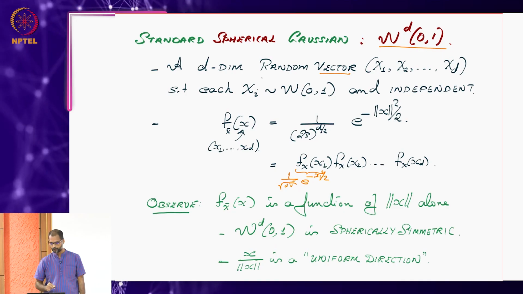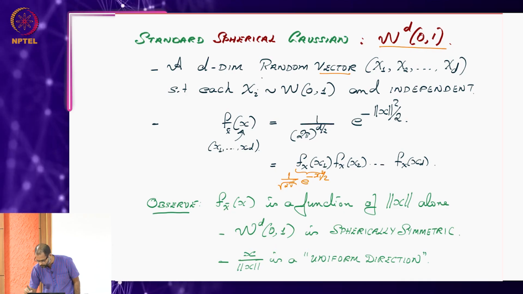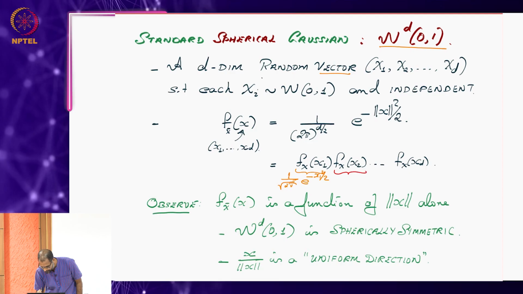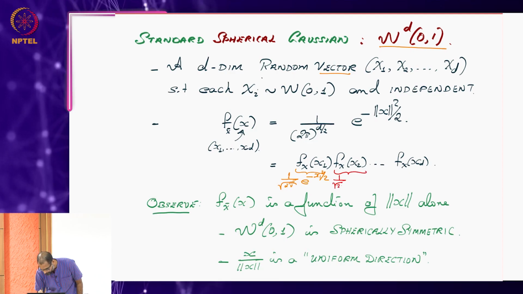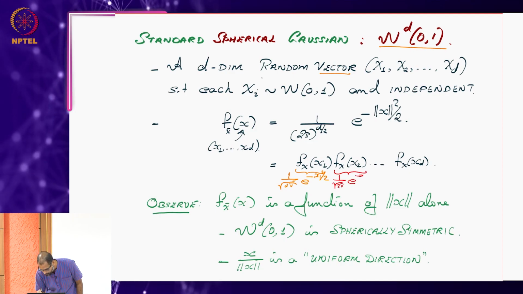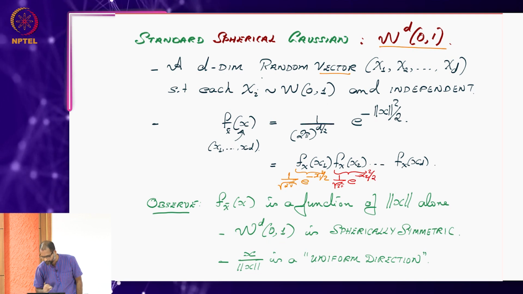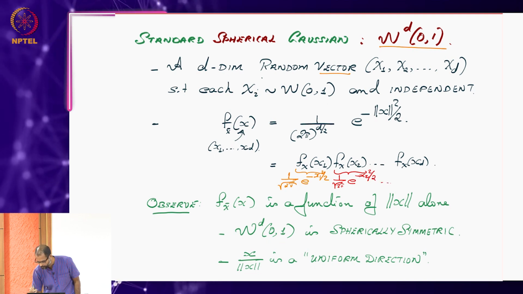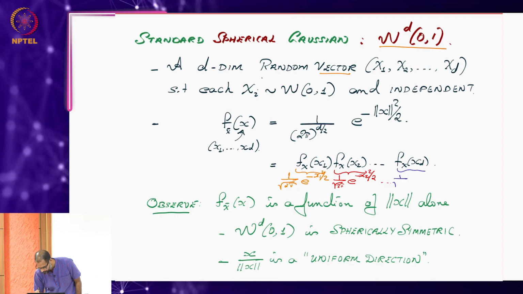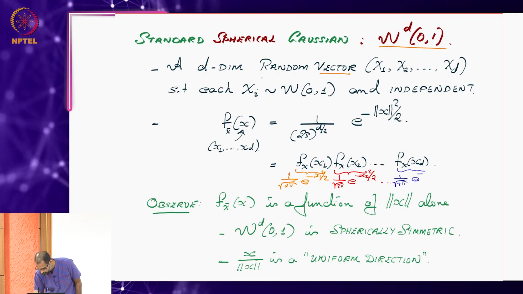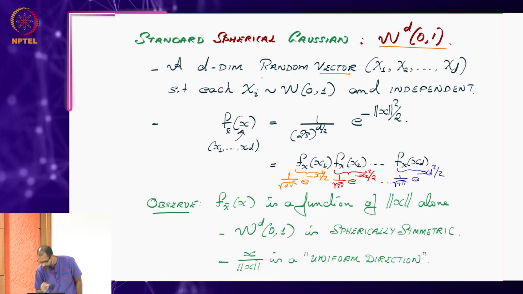So, by 2, this is what f of x1 would be. What would be f of x2? The same thing, 1 by root 2 pi e raised to minus x2 squared by 2, and so on. What would be the last one? 1 by root 2 pi e raised to minus xd squared by 2.